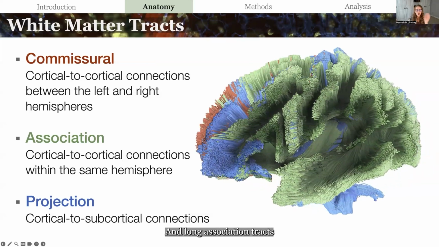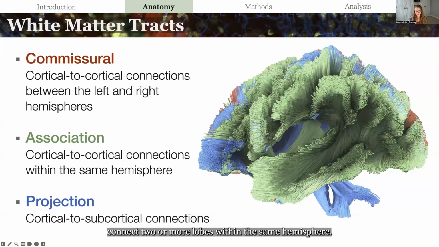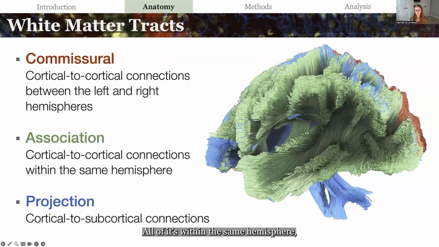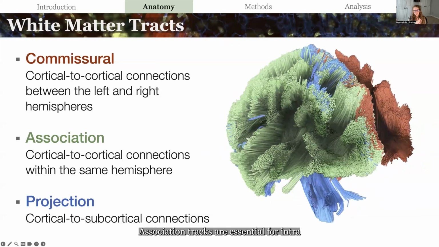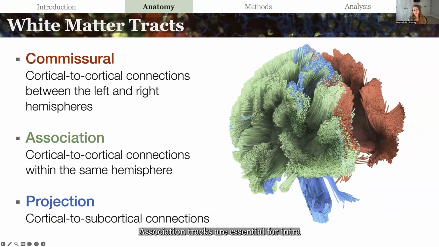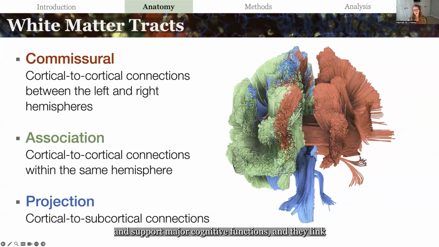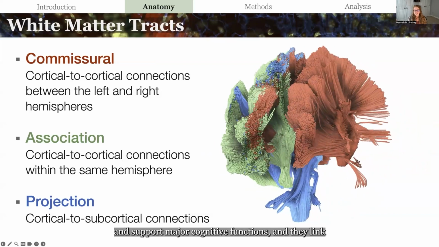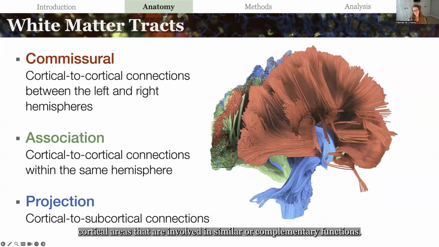And long association tracts connect two or more lobes within the same hemisphere. All of it's within the same hemisphere, but the long ones just span across the lobes. Association tracts are essential for intra-hemispheric communication, or within-hemispheric communication, and support major cognitive functions. And they link cortical areas that are involved in similar or complementary functions.